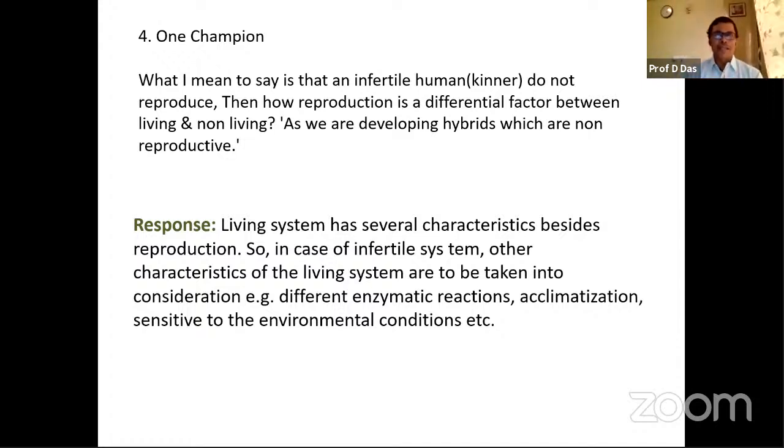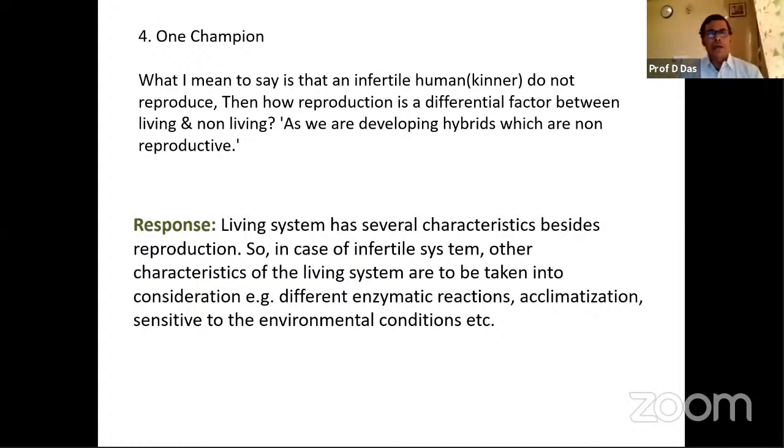But he was asking, regarding infertile systems, how is reproduction a differential factor between living and non-living cells, as we are developing hybrids which are non-reproducing. That's a very nice question.